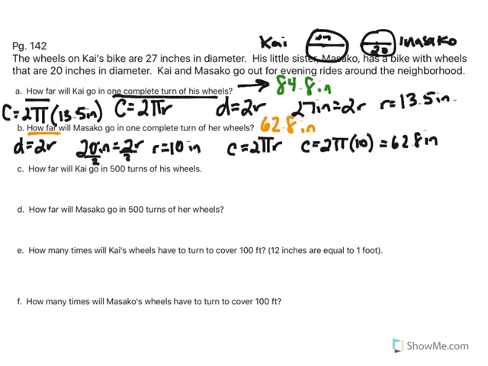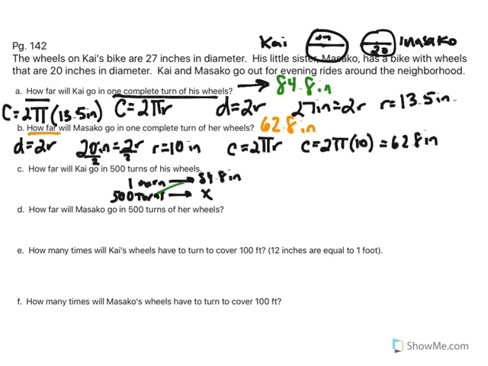How far will Kai go in 500 turns of his wheel? Okay, well, we know that in one turn, Kai will go 84.8 inches. So in 500 turns, he will go X inches because we don't know.